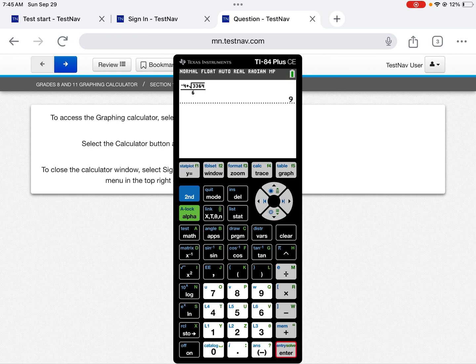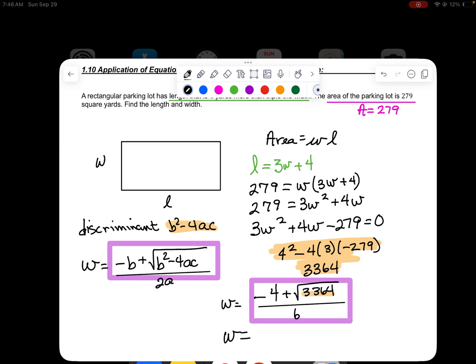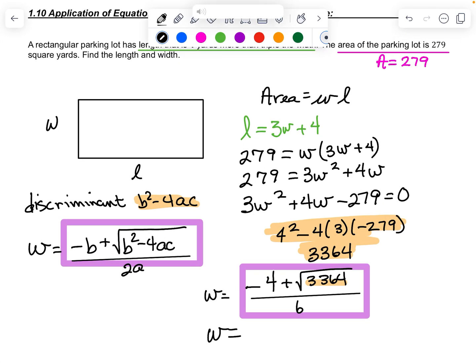We're going to go to the nearest tenth. So it comes out to be 9. So the answer is 9.